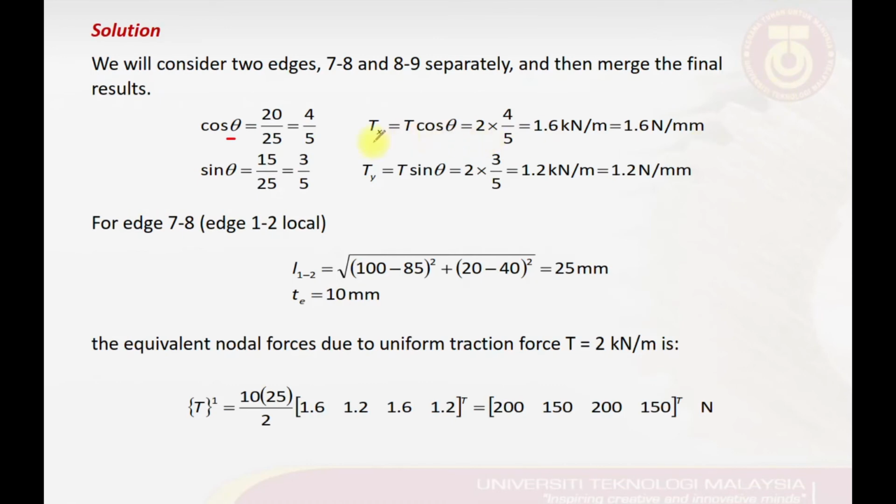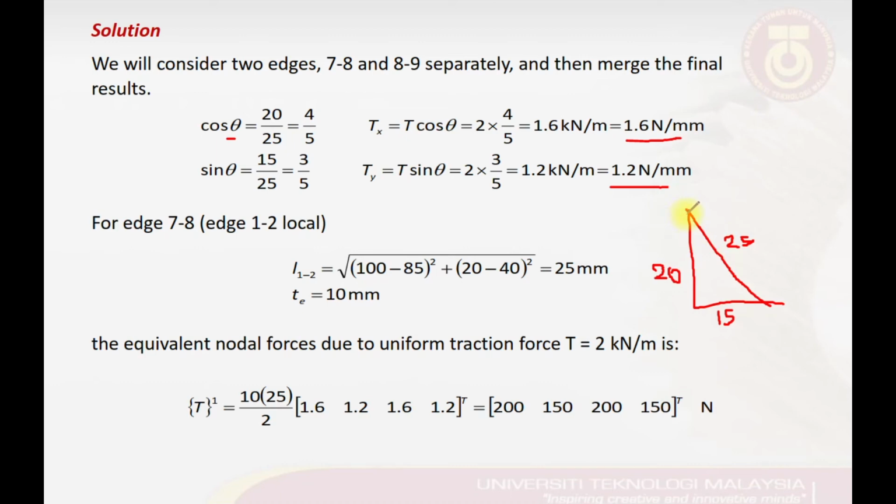And this can be done by taking Tx equal to T cos theta, which gives us 1.6 Newton per millimeter, and Ty equal to T sin theta, which gives us 1.2 Newtons per millimeter.